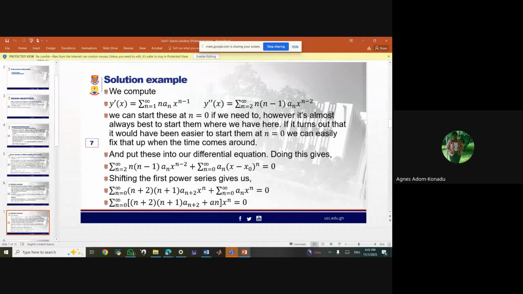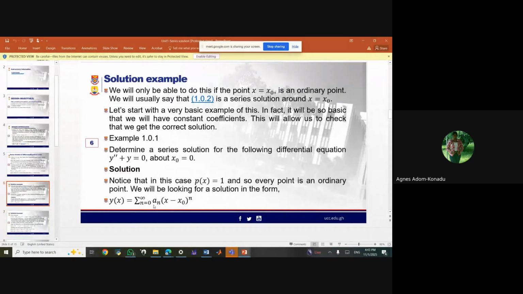And then the second derivative will give me n into n minus 1. I hope you can find the first and second derivative. Given this function, you should be able to find the first and second derivative with respect to x. Can you find the first derivative for this with respect to x?